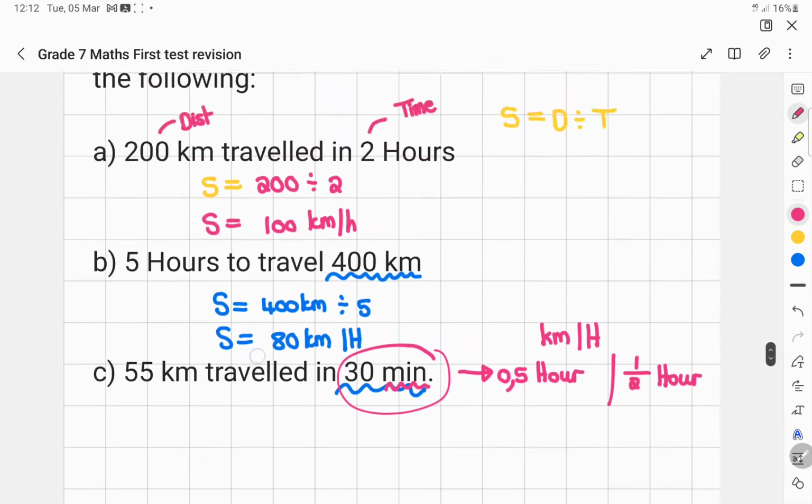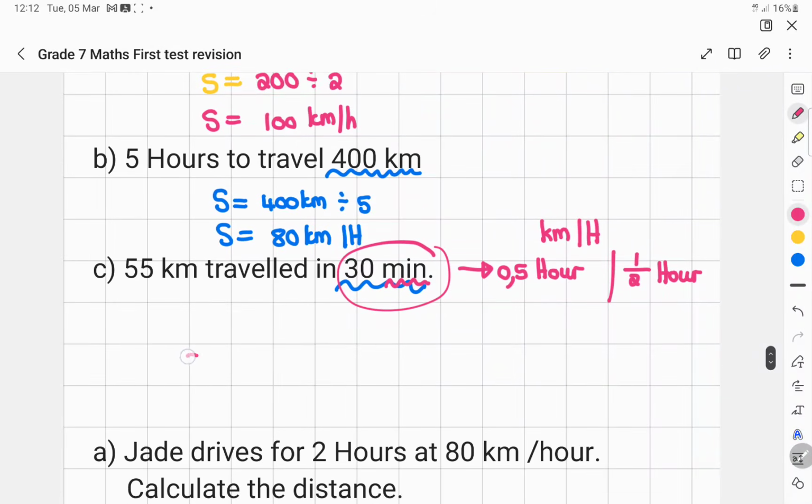Okay, so we still stick to our formula. Speed is equal to the distance, which is 55, divided by a half. So I don't know if you've done fractions, but we never ever divide with a fraction. We will times, so we're going to change that into times, and we tip our fraction over.